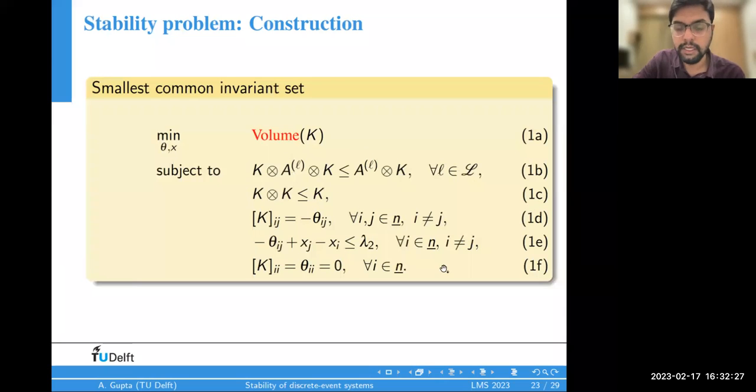It will be a linear program with certain auxiliary variables that will be binary, not even general integers. So I can calculate the volume of this matrix K using what I call the second largest max plus eigenvalue.